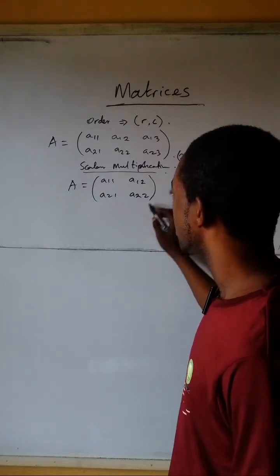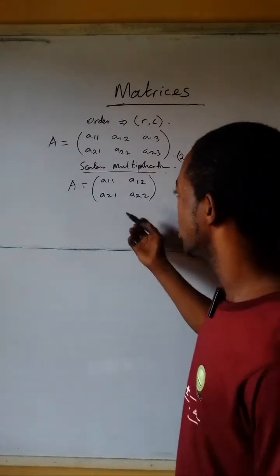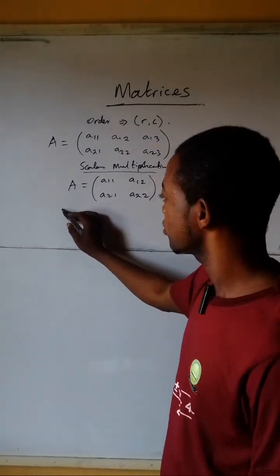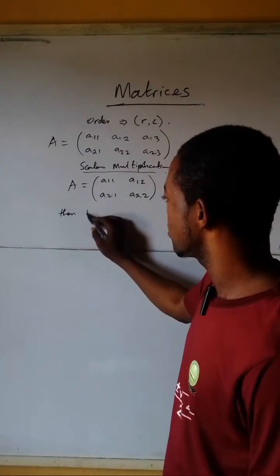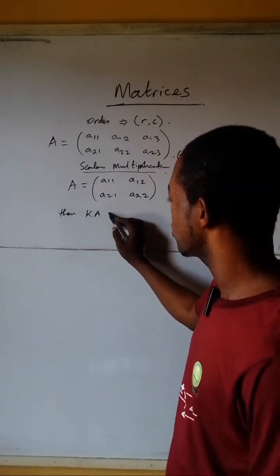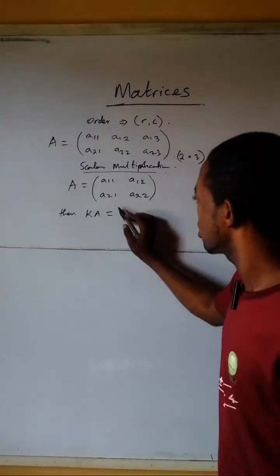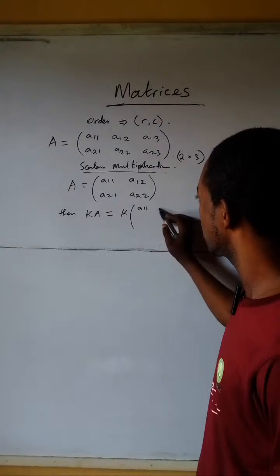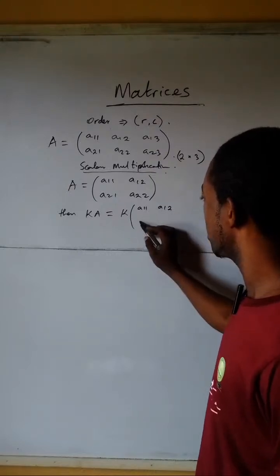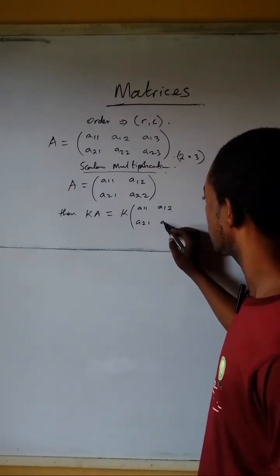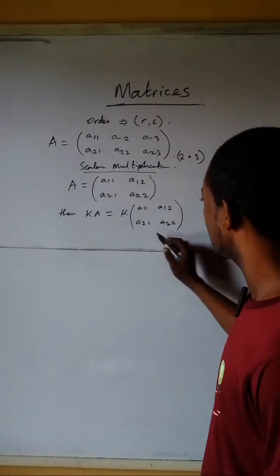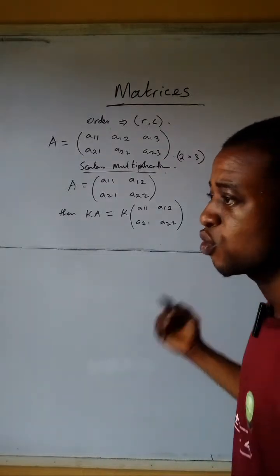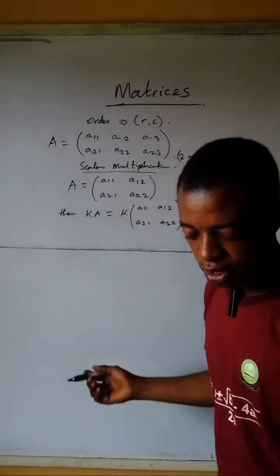Then we can multiply this matrix A by a scalar, let's say K. So we can say K times A, which is KA, will then be equal to K times what we have here, which is A11, A12, A21, A22. Now, this K is a scalar. That is any number. It might be 2, 3, 4, 5, be it any number.